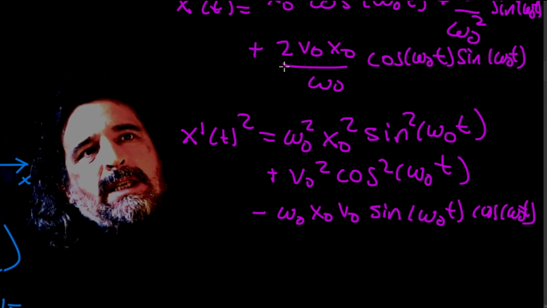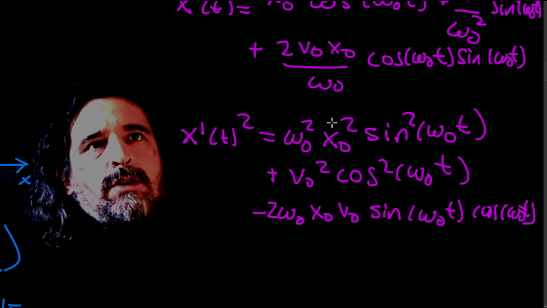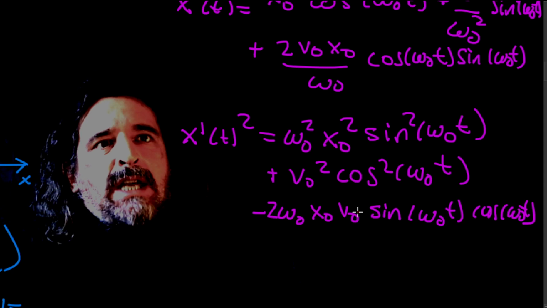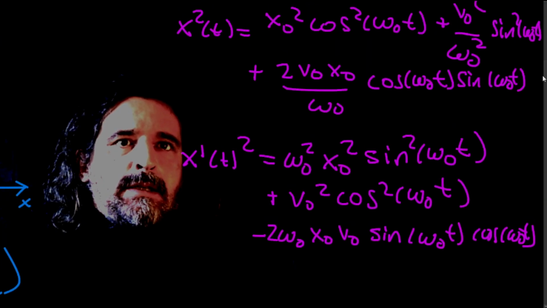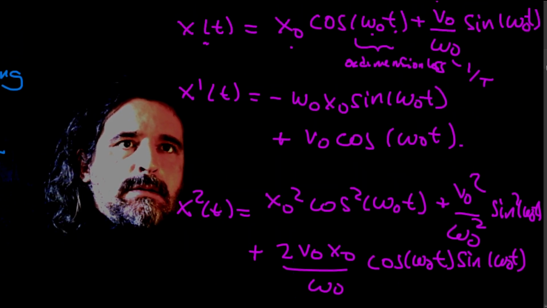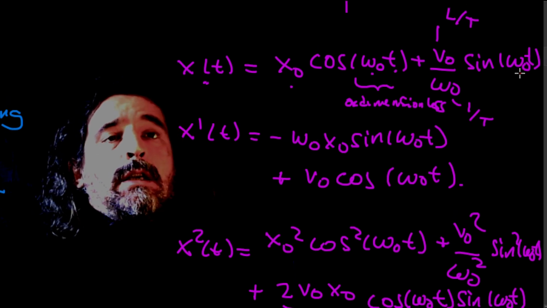There is a problem here, and there is a 2. So this omega naught, I think, should be divided. So these two cancel each other out when I add them. So I need to find a mistake. Oh, yeah.